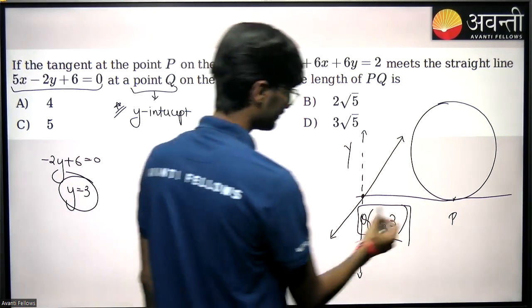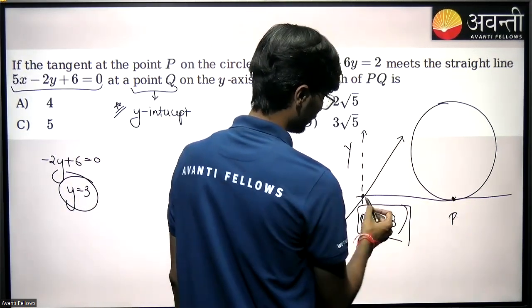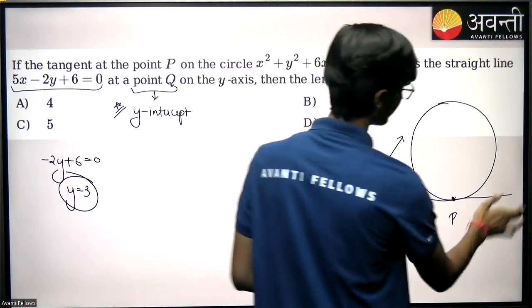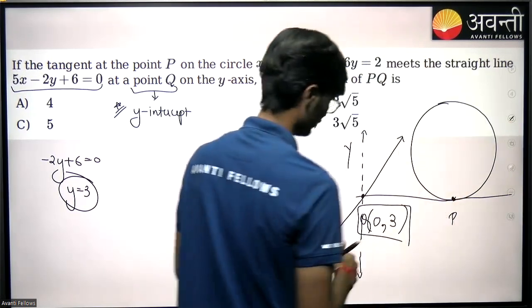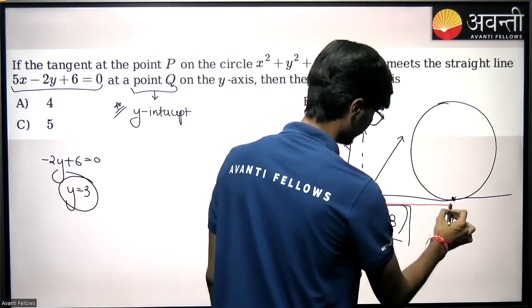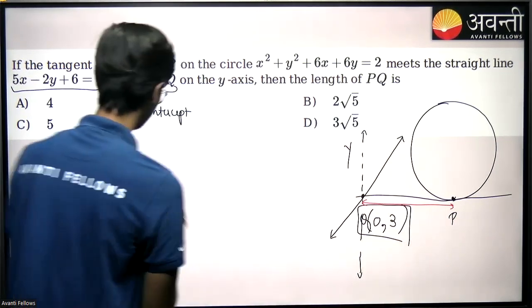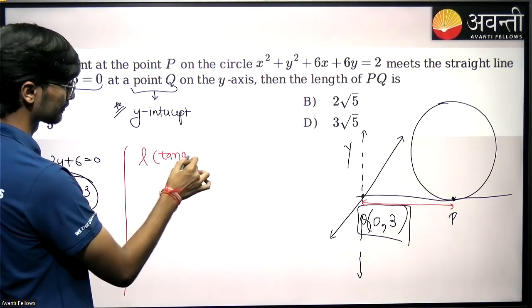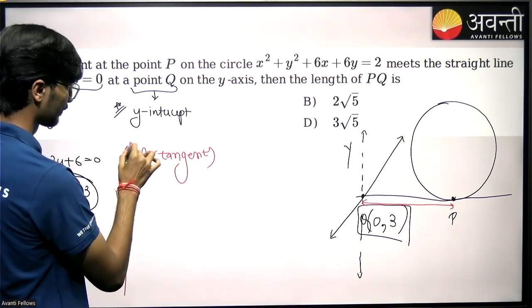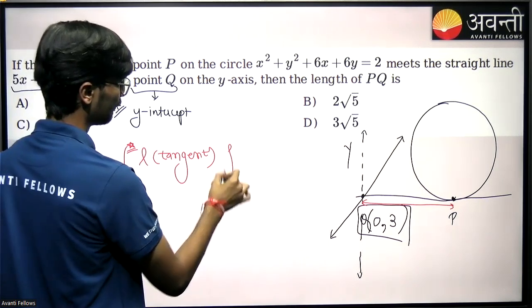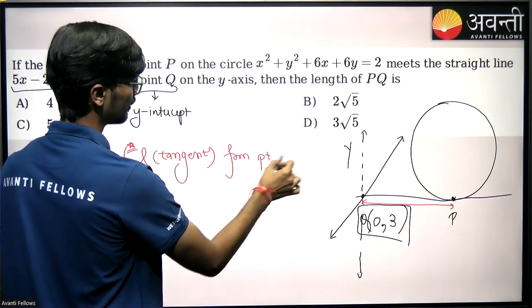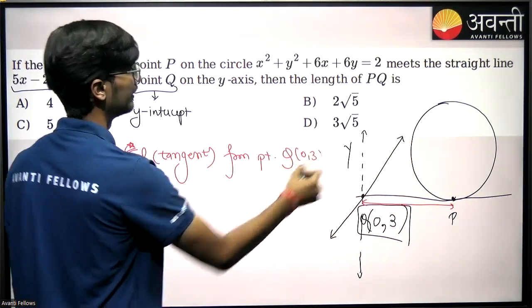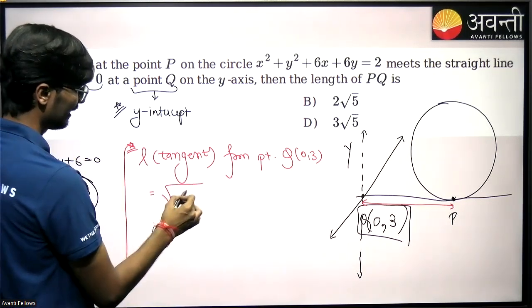And we have to find this distance PQ. Let me change the color for a second. We have to find this distance. So basically this distance is the length of tangent from point Q (0, 3), and the length of tangent is root S1.